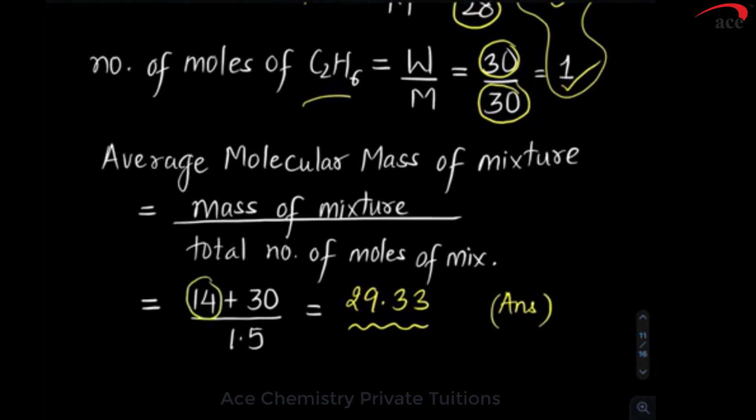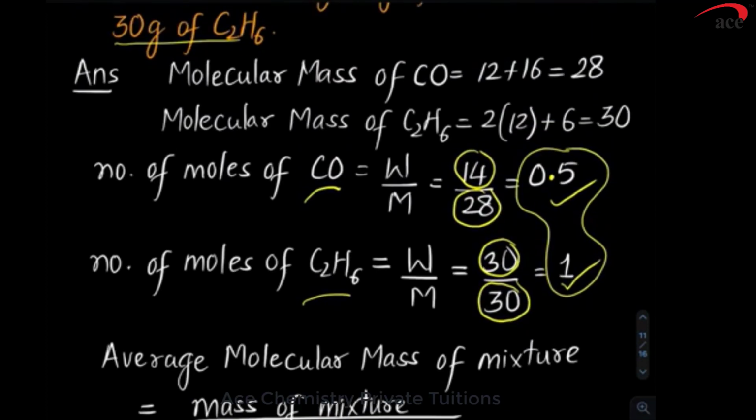So what is the mass? You have taken 14 gram of carbon monoxide and 30 grams of ethane. Total moles are 1.5. And if you calculate, it is 29.33. Now, as a science student, if you observe, you will realize that the molecular mass is between the two values 28 and 30, and is closer to 30 because its contribution is more.